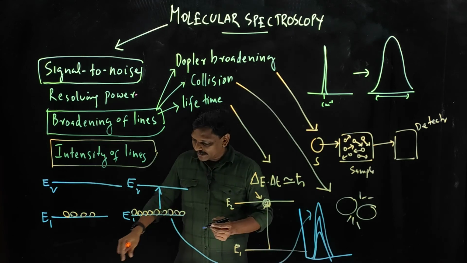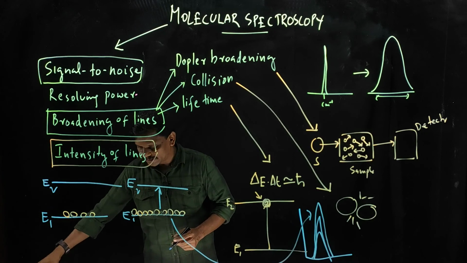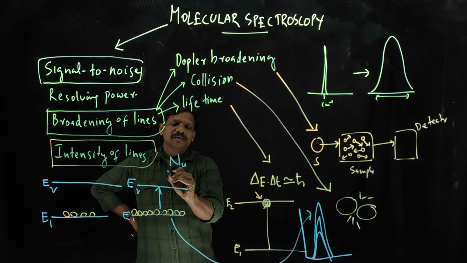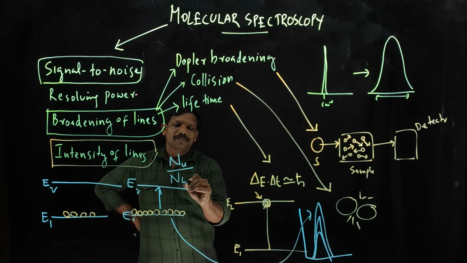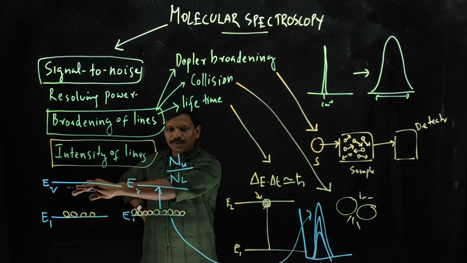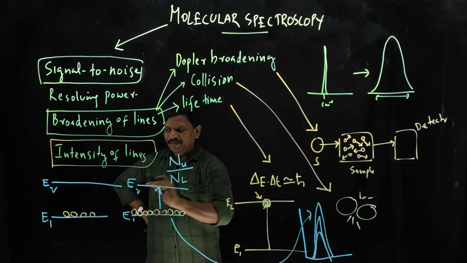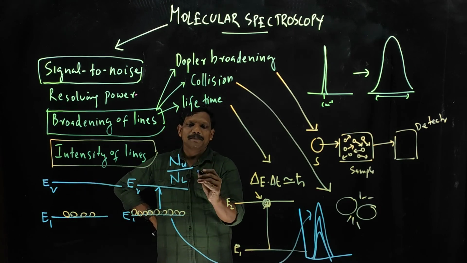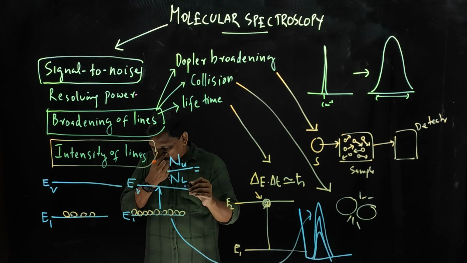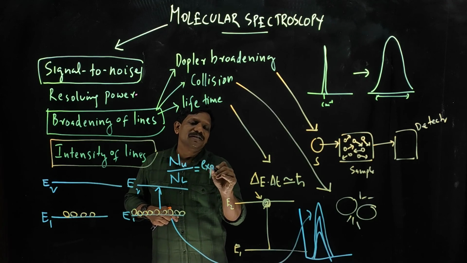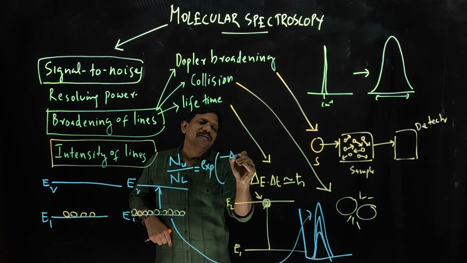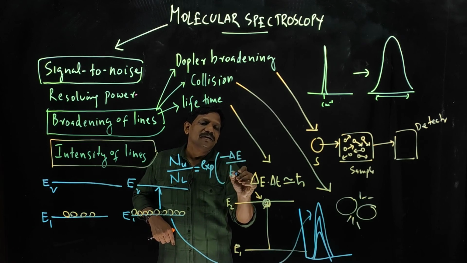So that intensity variation you can calculate by this equation, that is N upper and N lower. Upper means E2, lower means E1. So N upper by N lower is equal to exponential minus delta E by kT.